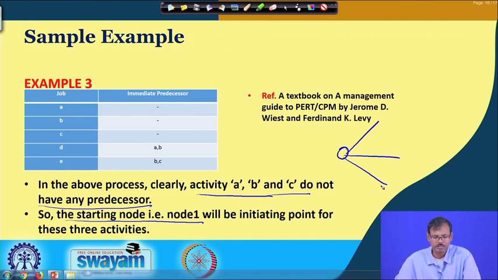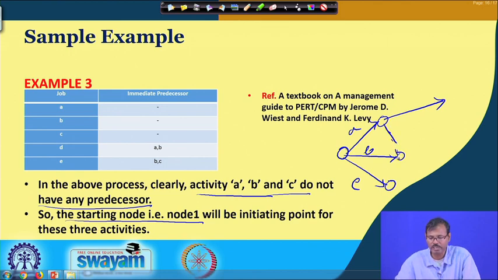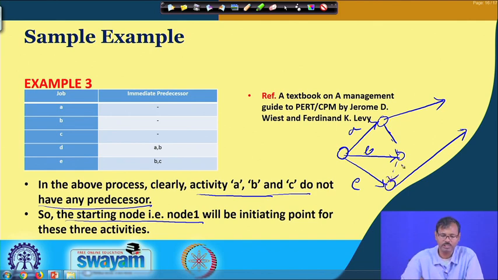Now, the problem is we are having this is A, this is B, this is C. So, we are having C and D which is being started from B and A. So, that means our D must be like this, and we need to add one dummy activity here. Similarly, we are having another activity proceeding from this. So, we have to add another dummy activity here.